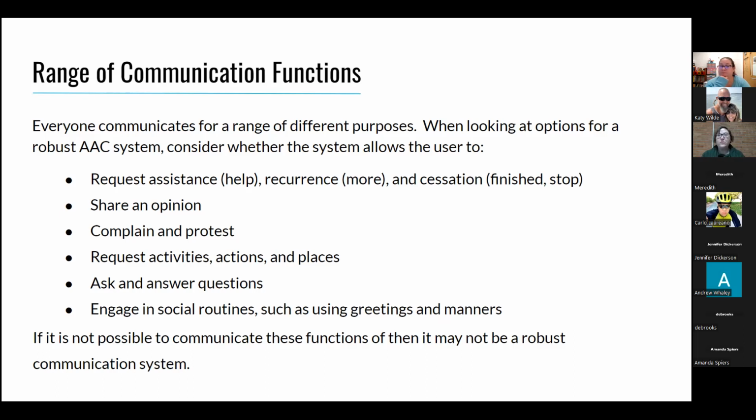It's wonderful that your child is starting out and can say what they want, but there's so much more to life than just saying what you want. We've got to get their opinions out there too, and make them more part of the community and the classroom. So having that range of communication functions is huge.